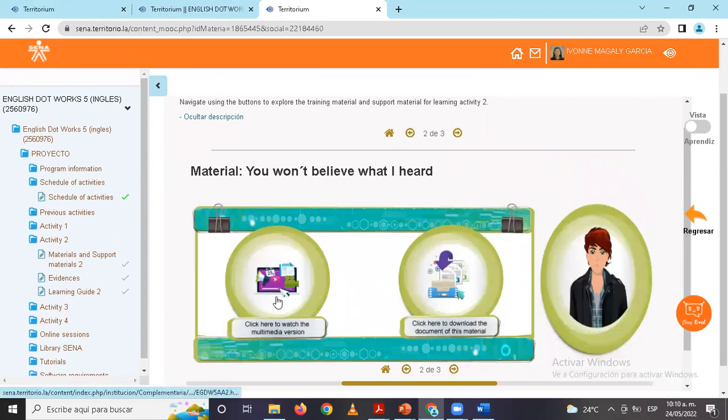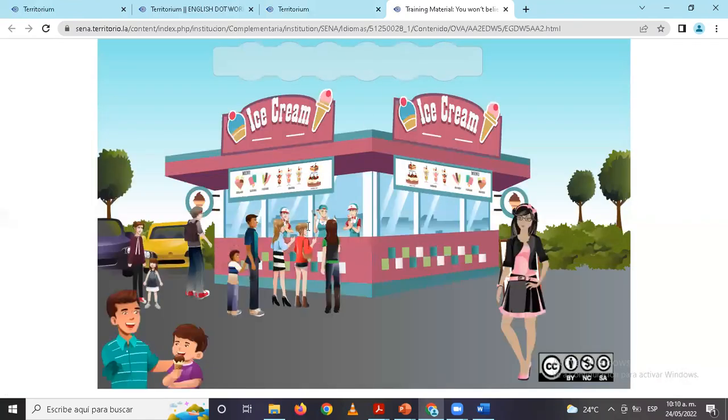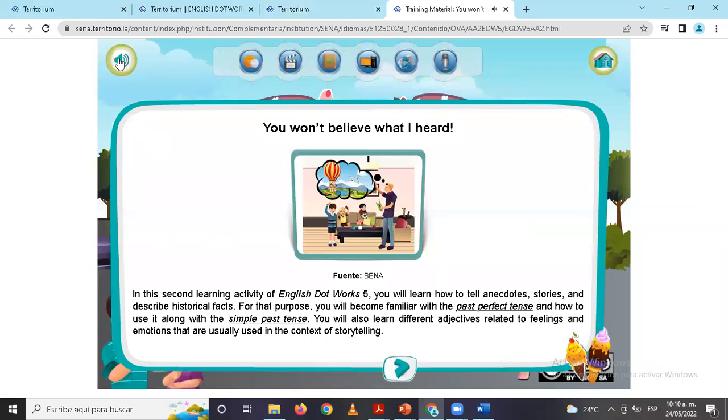Don't forget to look at the multimedia version, because here you will find pronunciation exercises. Let me show you. Besides that, you can listen to the activity, so you will be practicing listening, reading comprehension through the practices, writing, and pronunciation. So please go to this material.